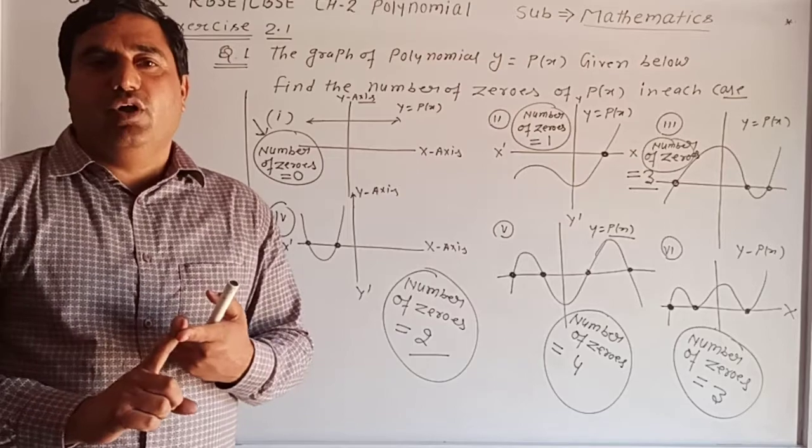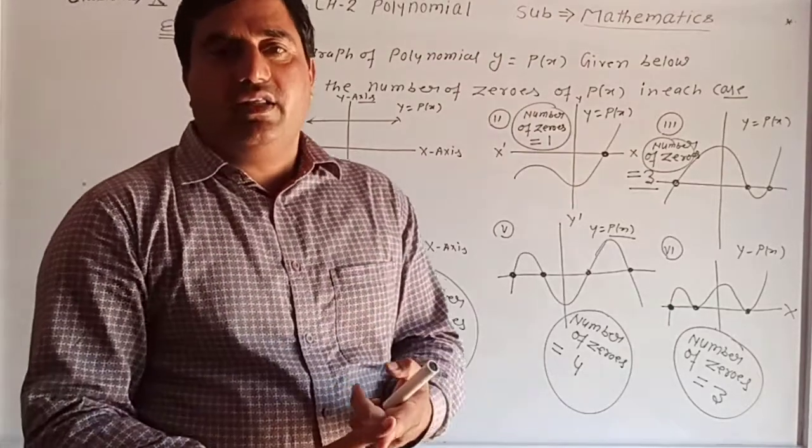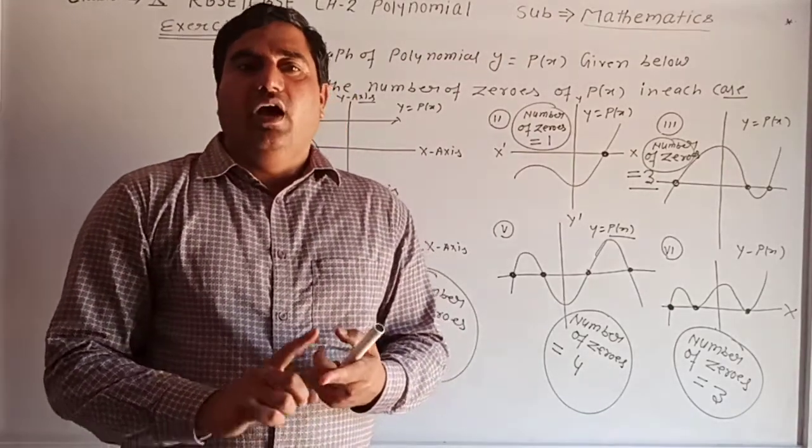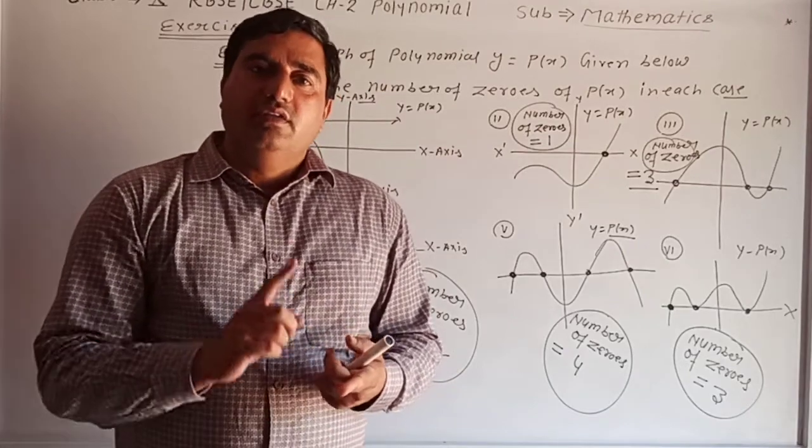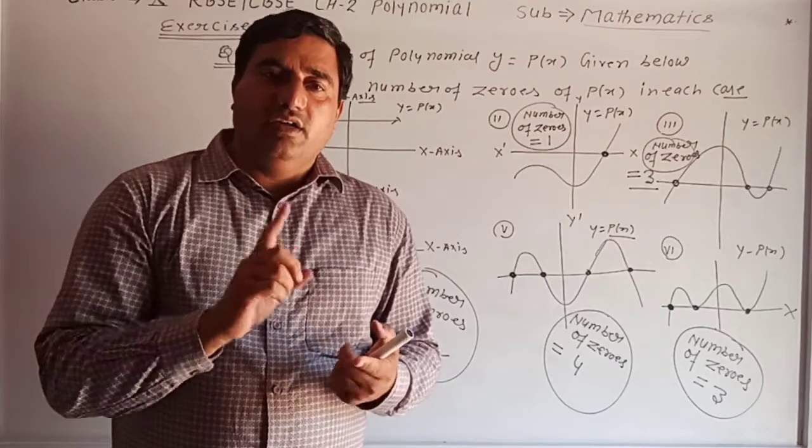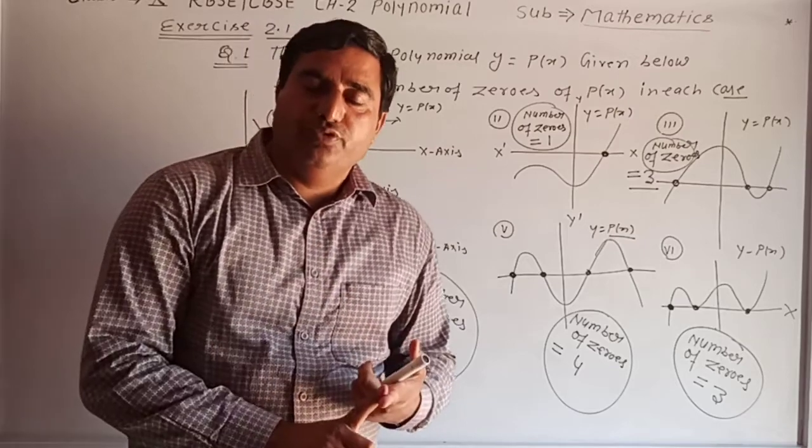The graph of the polynomial intersects the x-axis how many times? That count equals the number of zeros.